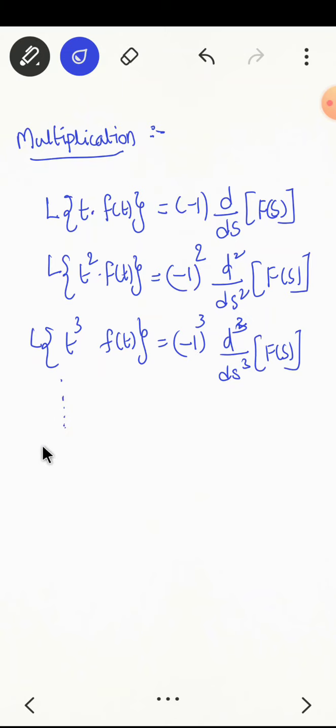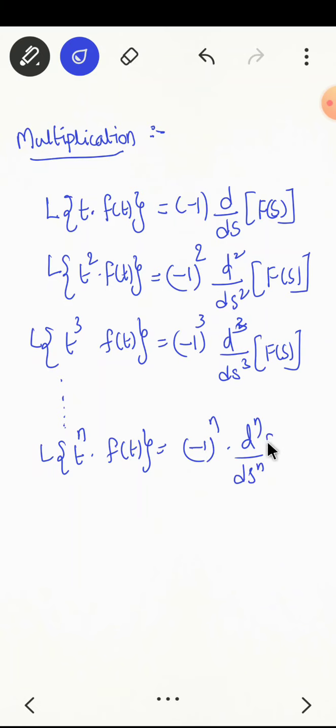And so on, Laplace of t raised to power n f of t can be written as minus 1 raised to power n d power n by ds raised to power n f of s. Okay, hope you are getting this. This is how you have to do the problems related to multiplication by t.